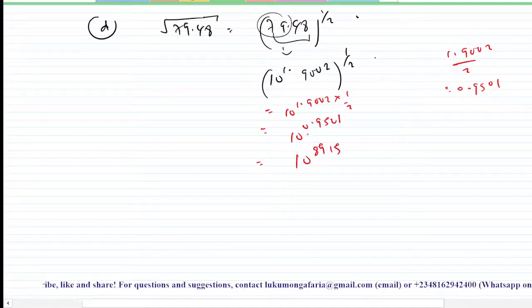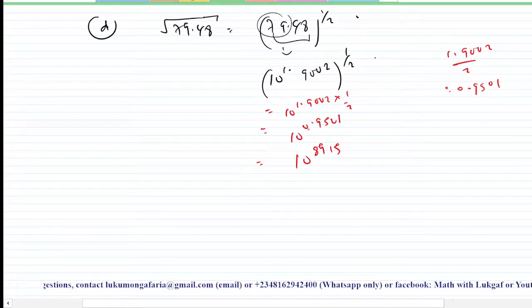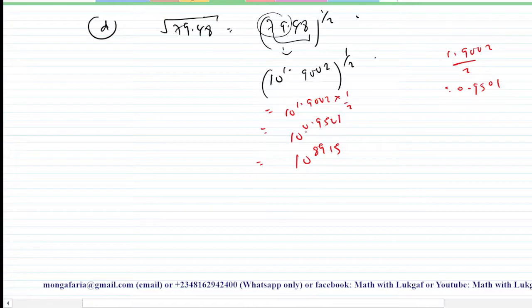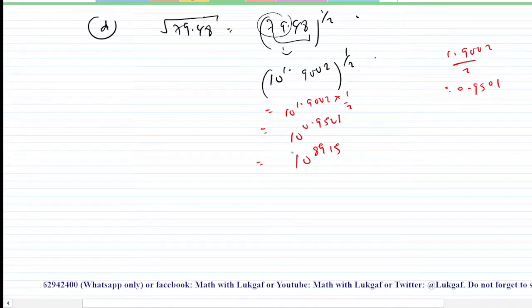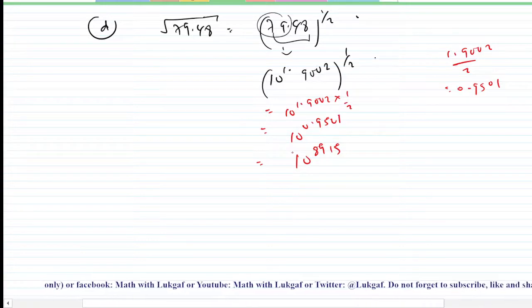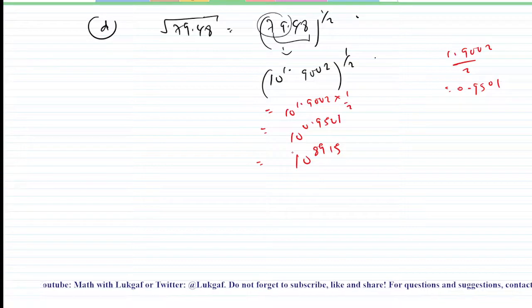8915. And don't forget, you are going to use this guy to place the decimal point. Since you have 0 as your characteristic part, it means you must have 1 digit before the decimal point.